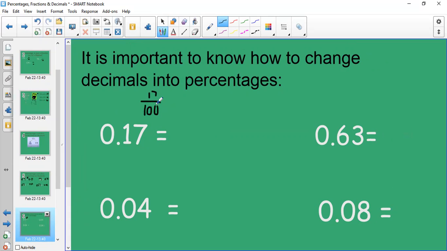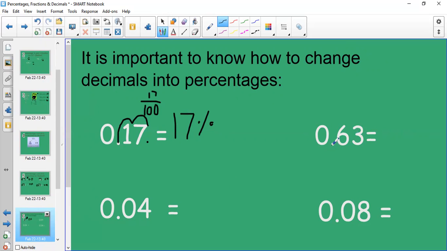But to change it back into a percentage, rather than dividing by 100, we're just multiplying by 100. So this decimal point needs to move forward 2 spaces. 1, 2. And you just put the point there. So it becomes 17%. You could put 17.0%, but that's just the exact same as saying 17%.